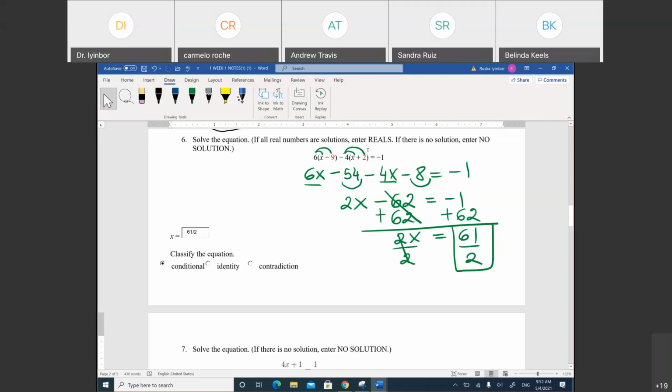Dr. Limborg, I have one question. For one of the questions in the lab, it's for one of the restrictions on x, the answer that I came out to was 21 over 2. So how would I put that in for a restriction of x? You just put 21 over 2.